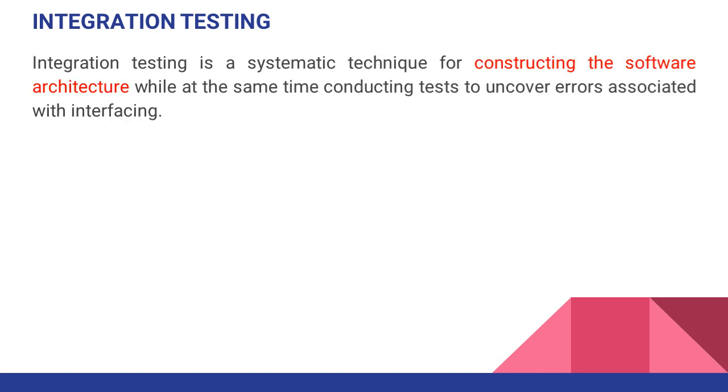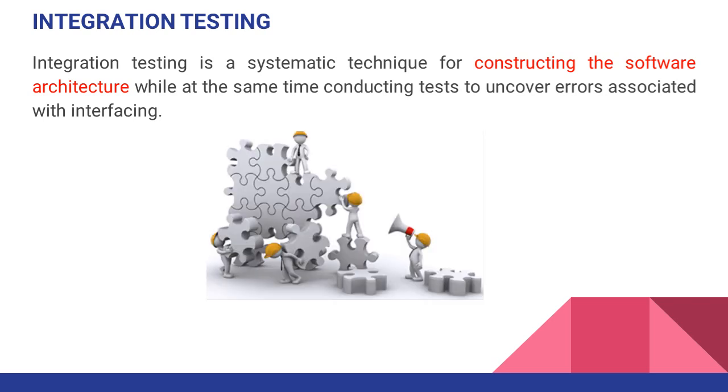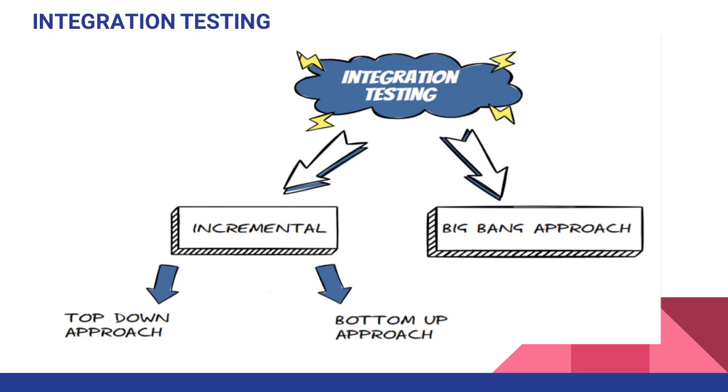Integration testing is a systematic technique for constructing the software architecture while at the same time conducting tests to uncover errors associated with interfacing. The objective is to take unit tested components and build a program structure that has been dictated by design. There is often a tendency to attempt non-incremental integration, that is, to construct the program using a Big Bang approach.